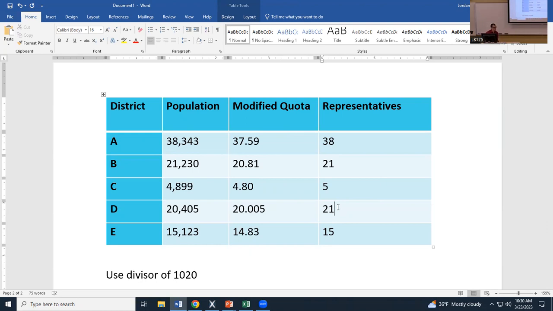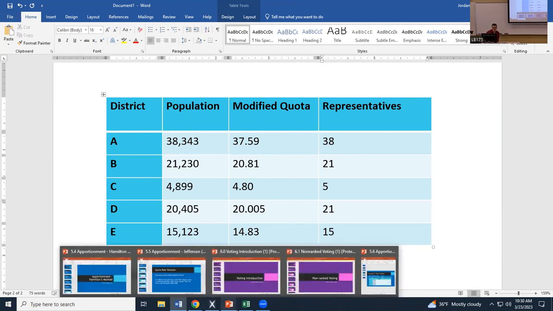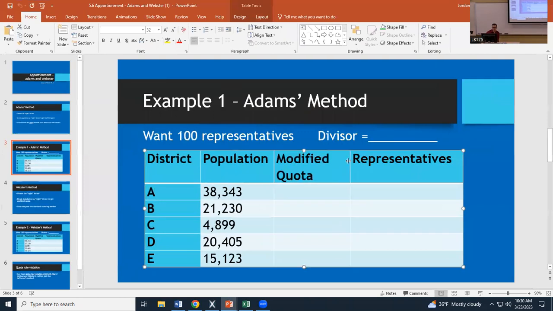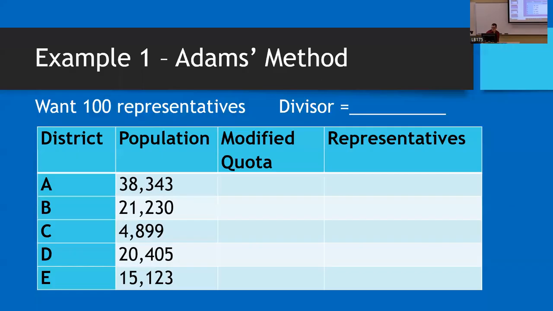Makes sense? So that's Adams' method. Adams' method is find a divisor where the upper quota will give you the number of representatives that we want.